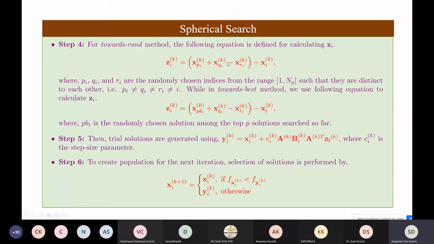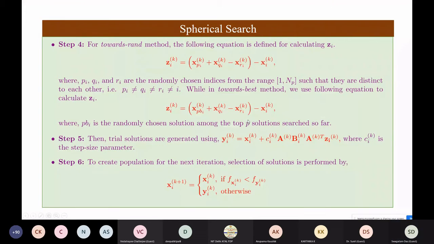On the other hand, in the towards-best method, we use this equation for generation of the direction Zi. Zi is a direction vector. Here, xpbi is the randomly chosen solution among the top p solutions searched so far. So p becomes another parameter.